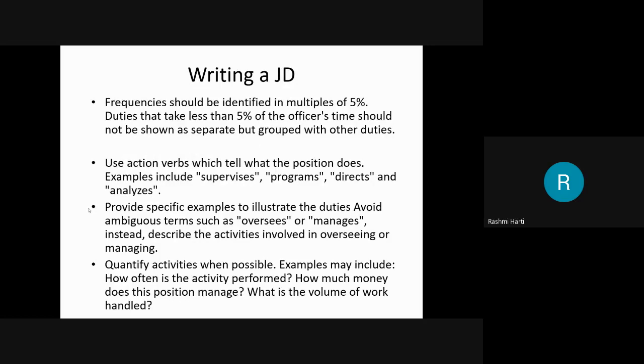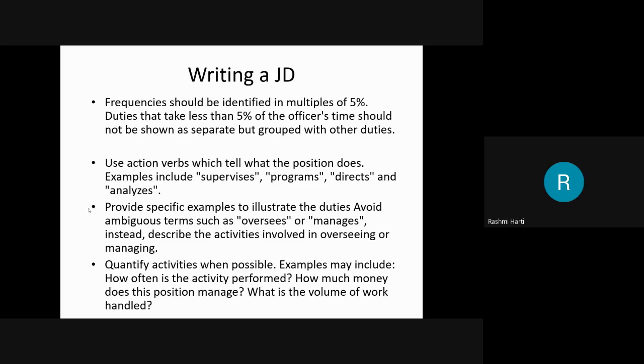Then frequency: when you are writing the job description of a particular job, frequency should be identified in multiples of 5%. Okay. So duties that take less than 5% of the officer's time should not be shown separately but grouped with other duties. Okay. So small duties should not be taken into consideration. Only the major duties are put forth, and the small duties are attached to those major duties.